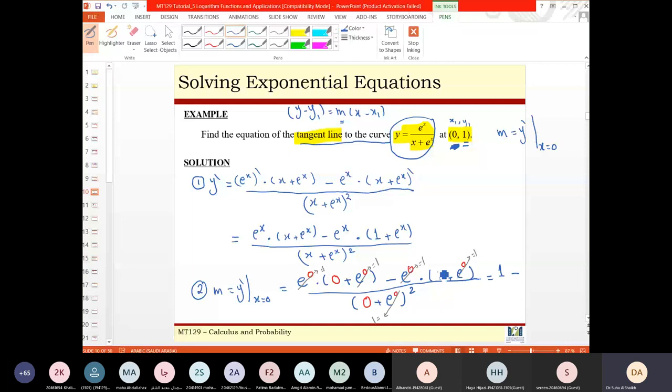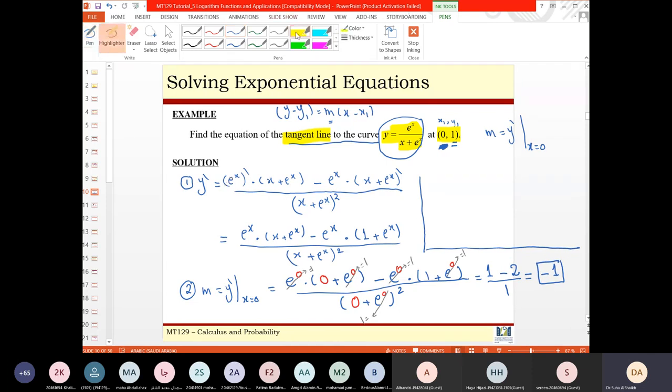This part is 1 plus 1, which is 2, multiplied with 1. So this is 2 divided by 1. So what will be the total thing? Good? Is it clear? We got our slope. This is my slope.